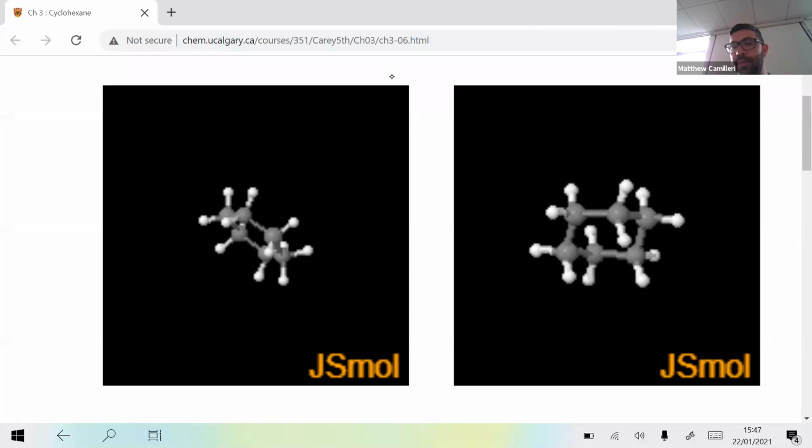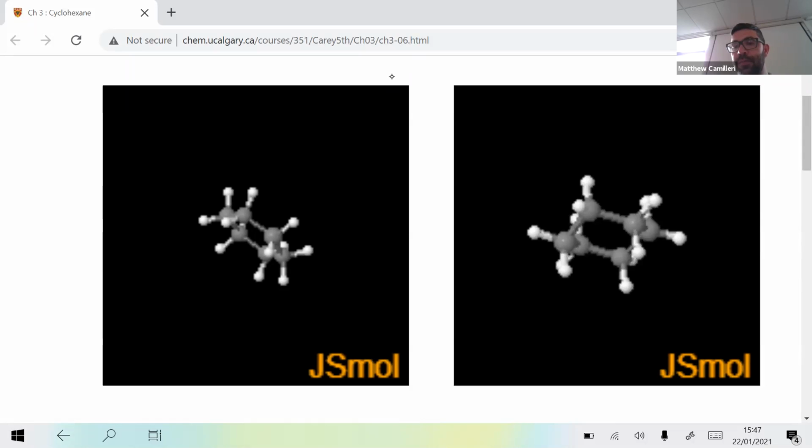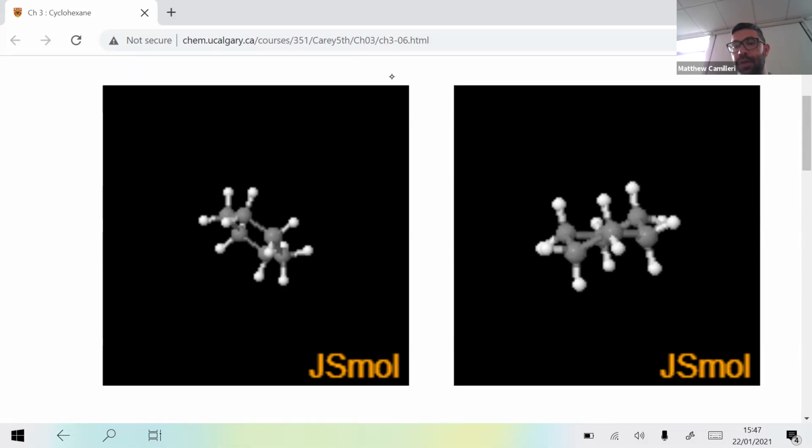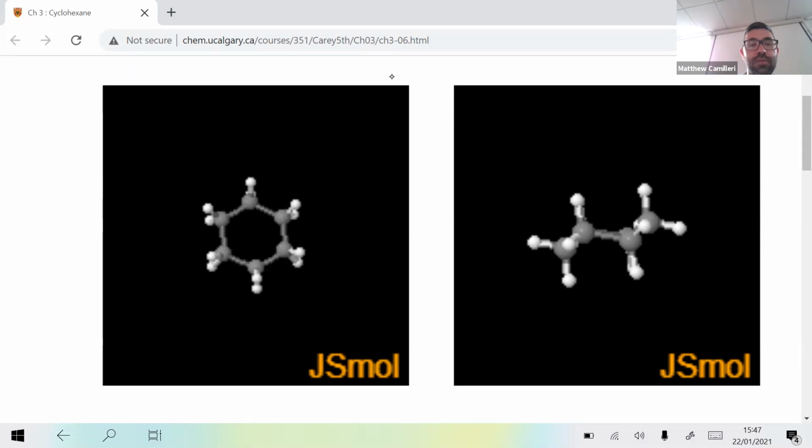When you draw them, axial and equatorial, they might not be in a neat position, so let's rotate this.